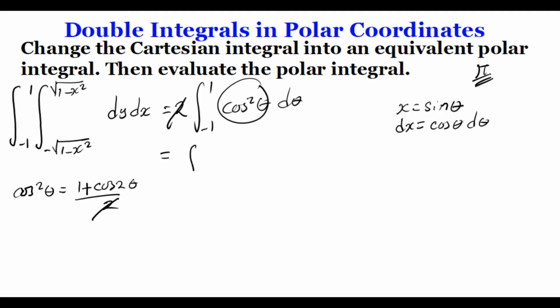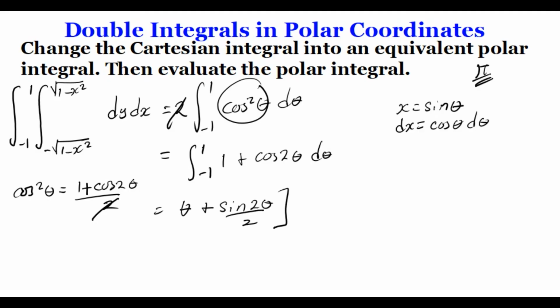So we just remain with negative 1 to 1 of 1 plus cos 2 theta d theta. After you integrate here, this is going to be theta plus sine 2 theta over 2, from negative 1 to 1.